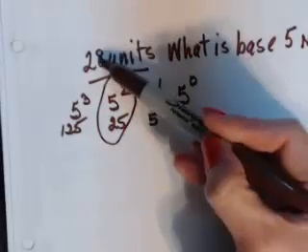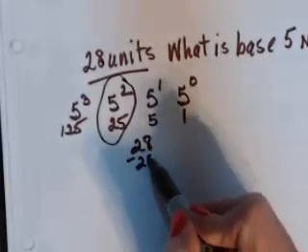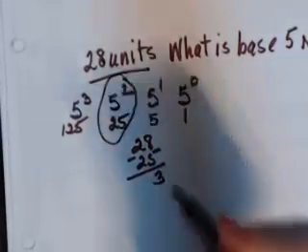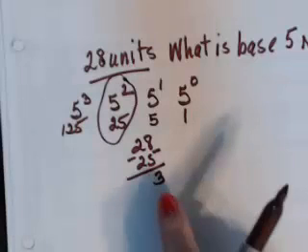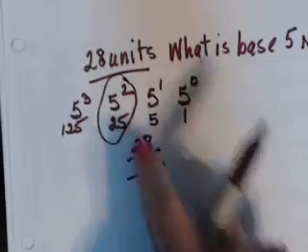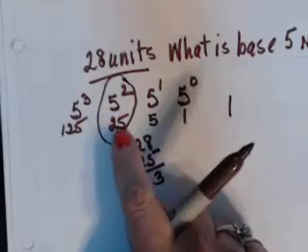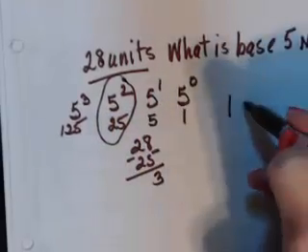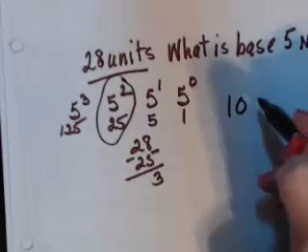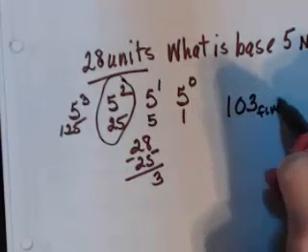So I can take 25 out of 28, and that leaves me 3 units. So in writing that number, I would have 1 flat, no longs, and 3 units, base 5.